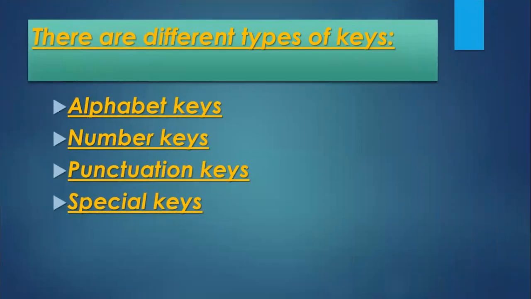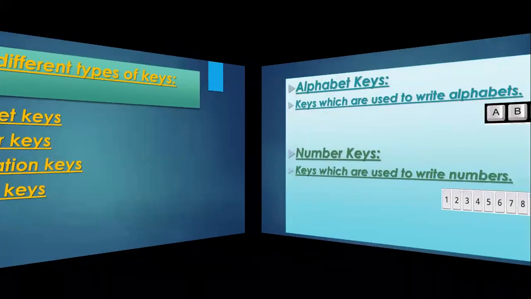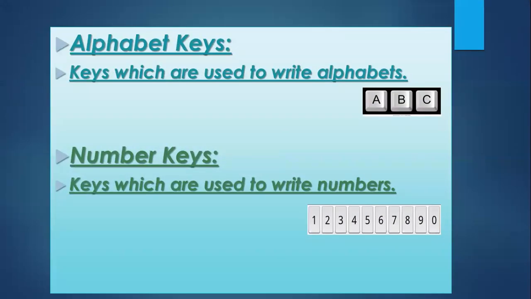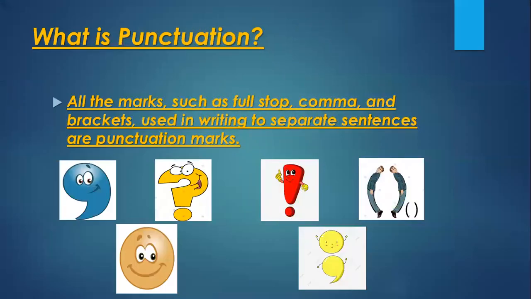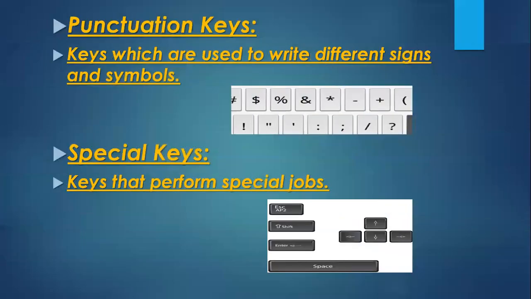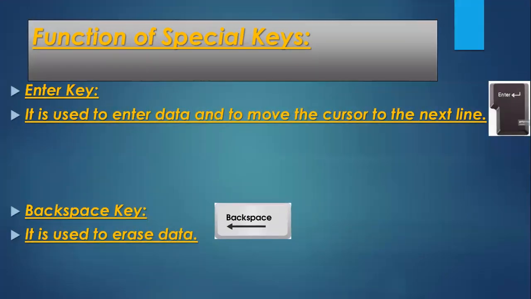Then after that, I told you about some types of keys, that there are alphabet keys, number keys, punctuation keys, and special keys. Then I have told you about the function of all these keys. Alphabet key is used to type alphabets, number key is used to type numbers, punctuation key is used to type punctuation marks, and there are also some special keys with special functions. Like enter key is used to enter data and to move cursor to the next line.